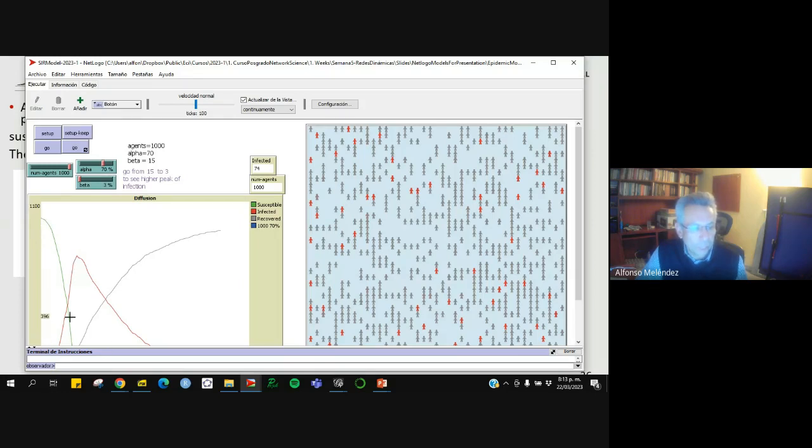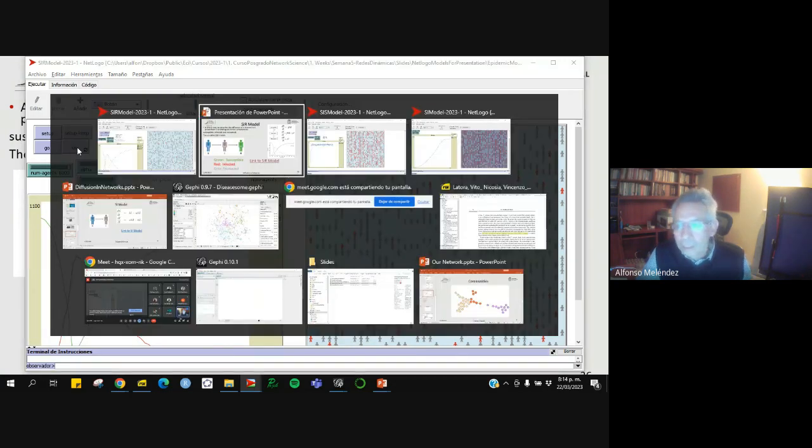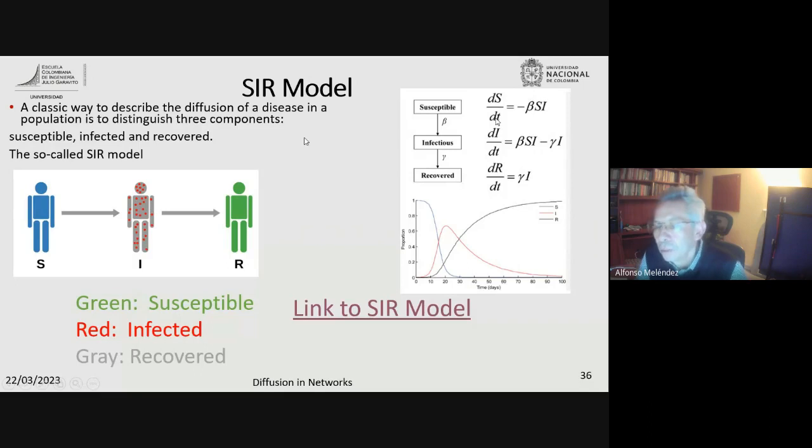Susceptible, became, peak here, infected, and finally all are recovered. Easy differential equations. You could put this in Mathematica, in MATLAB, in Python, and you solve it immediately.